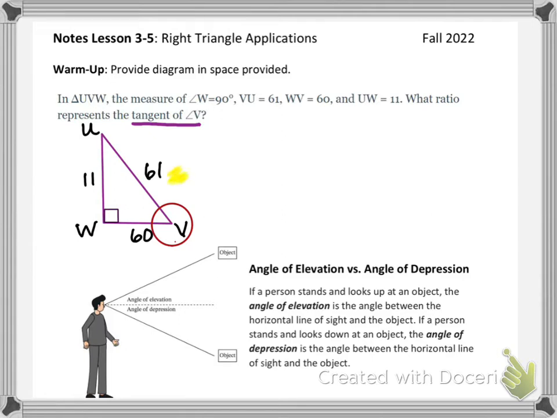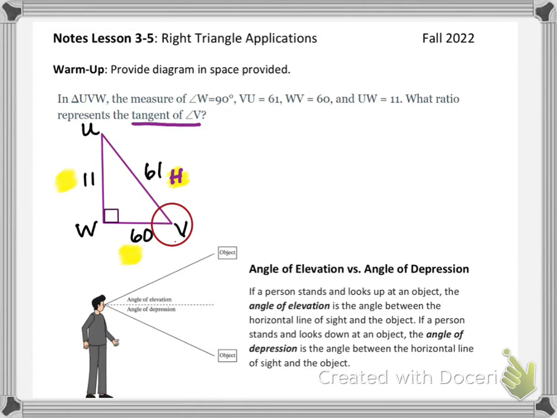So I'm going to put some yellow highlighting here because within this yellow highlighting, I want to draw attention to those three terms. Hypotenuse is the first thing you will always label. And I'm going to label my hypotenuse here because it is across from the 90-degree angle. Also, 61 is the largest line segment of the three.